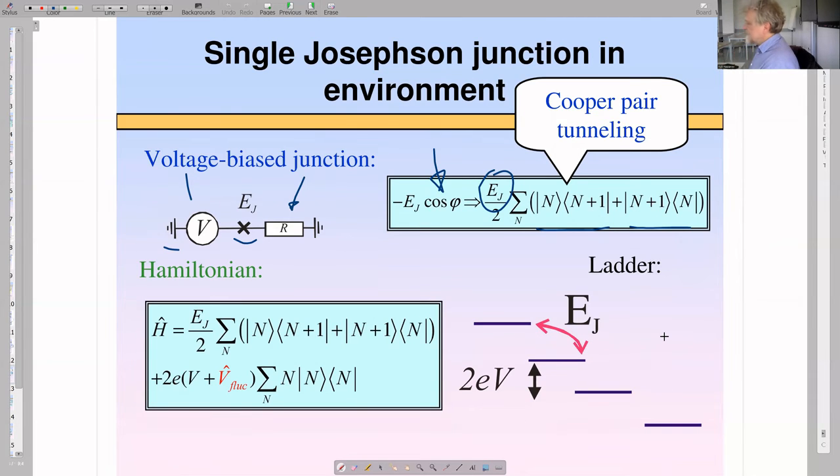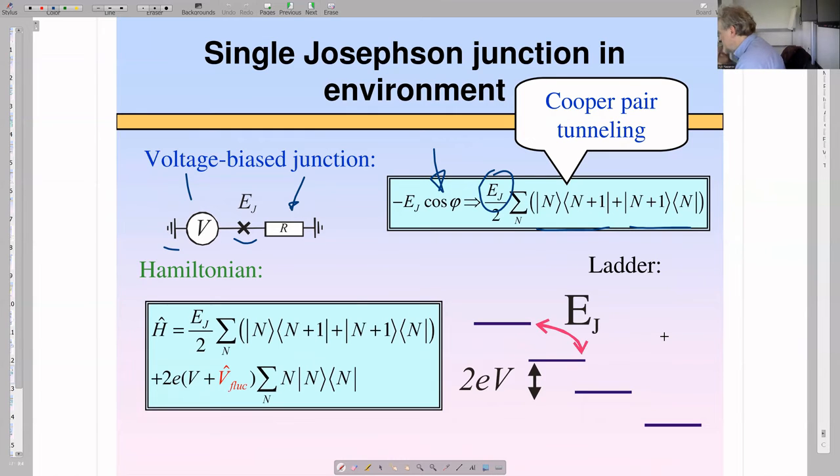Now let me make yet another change of topic. Let me consider a Josephson junction. Again, we will put this Josephson junction into an environment.